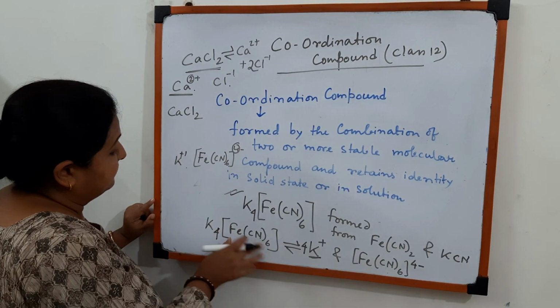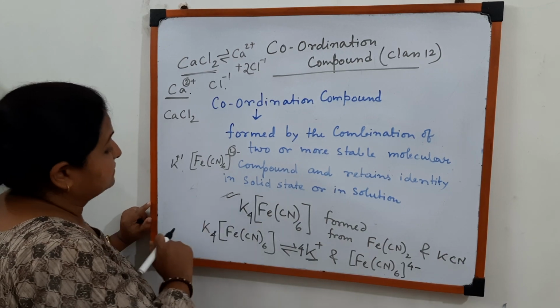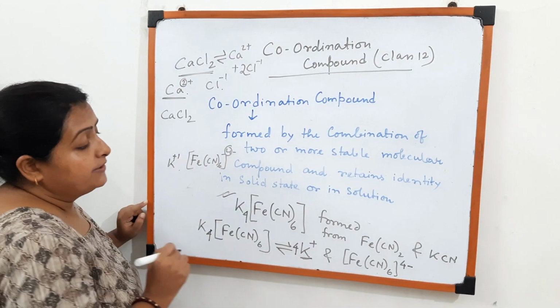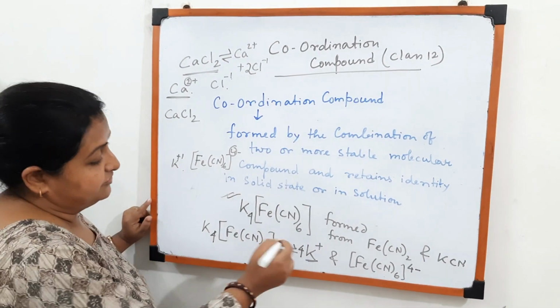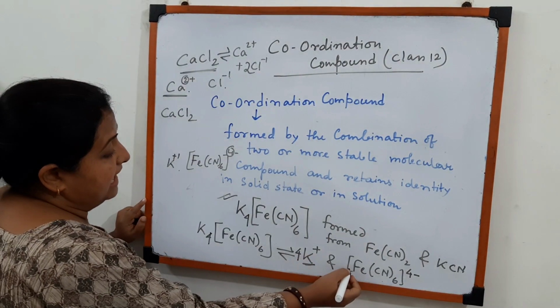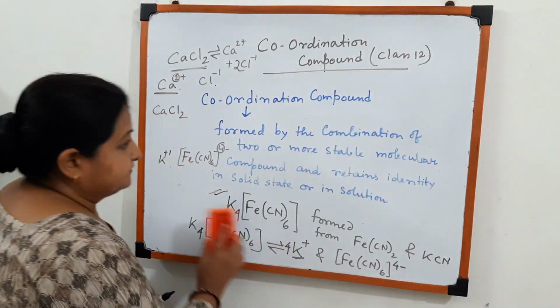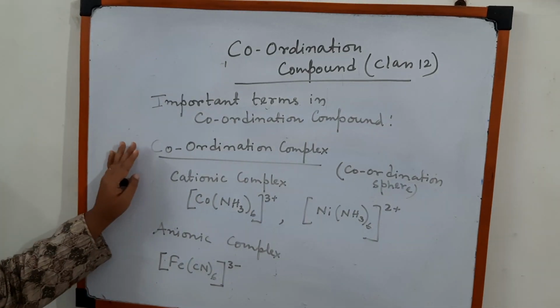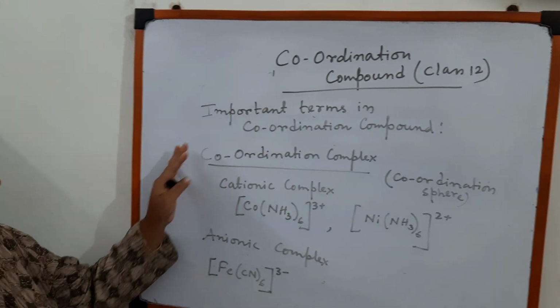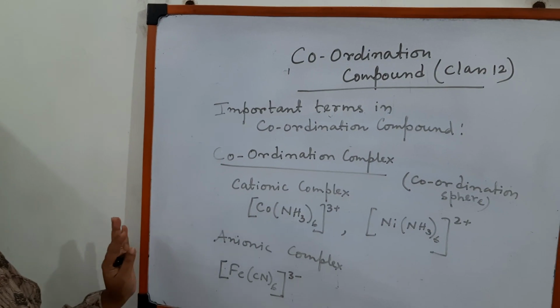In that way the formula is formed. After dissociation, to maintain electrical neutrality, you should give 4K+ ions and 1 ferrocyanide ion.